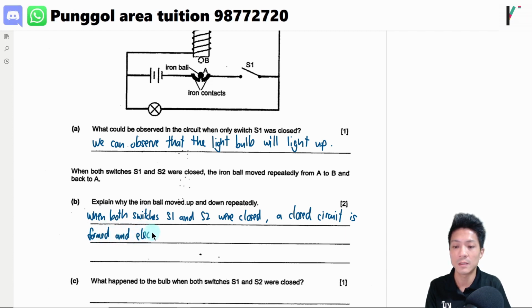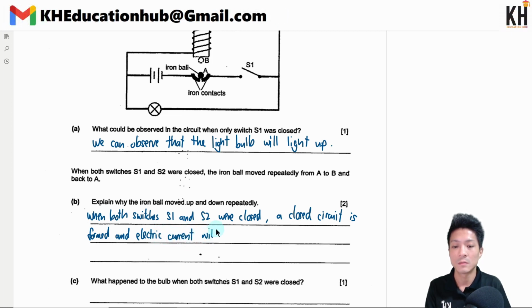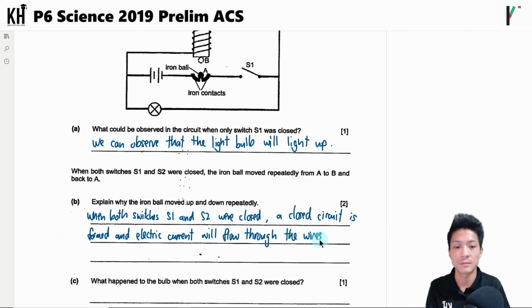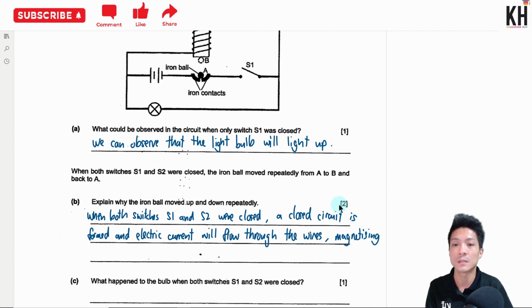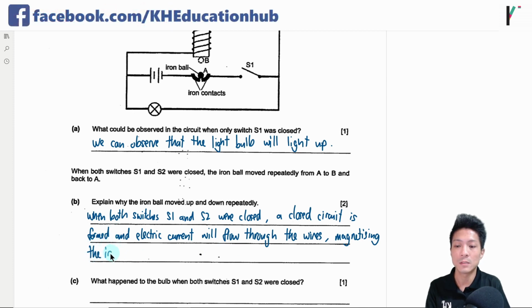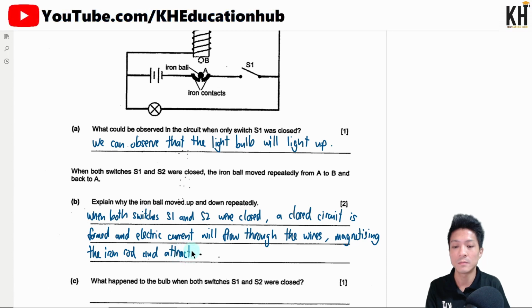Electric current will flow through the wires, magnetizing the iron rod and attracting the iron ball.